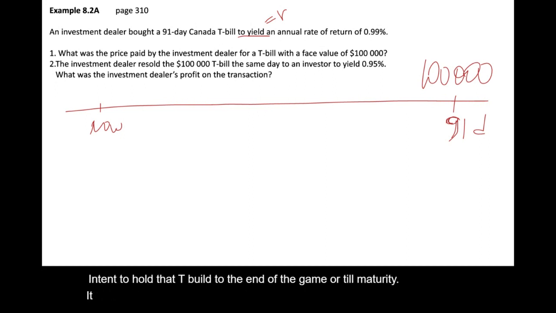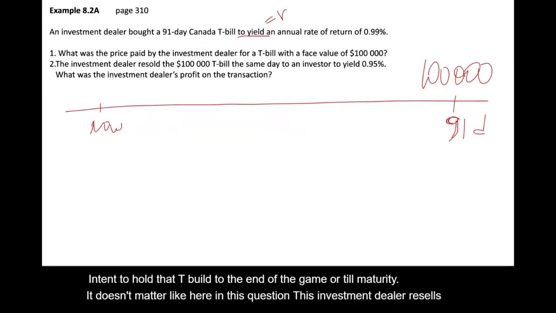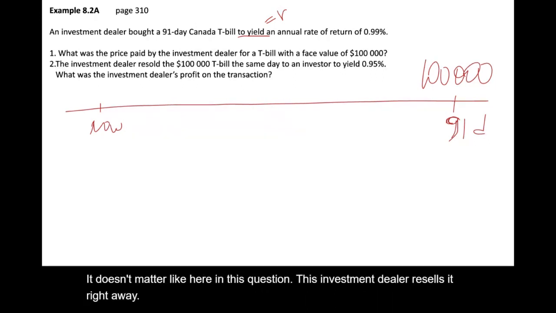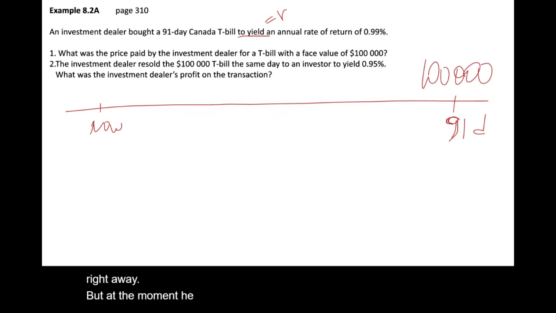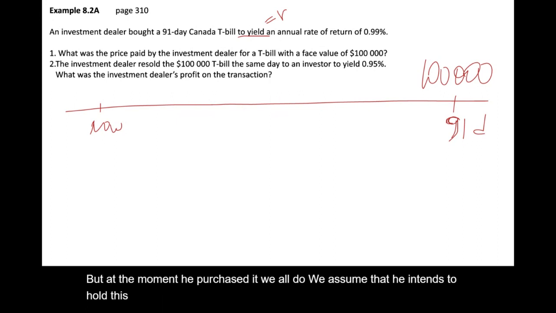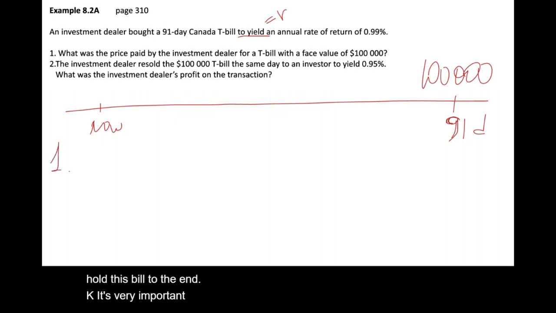It doesn't matter, like here in this question, this investment dealer resells it right away, but at the moment he purchases it, we assume that he intends to hold this bill to the end. Okay, it's a very important assumption.